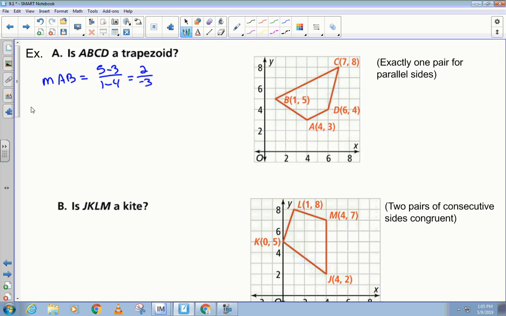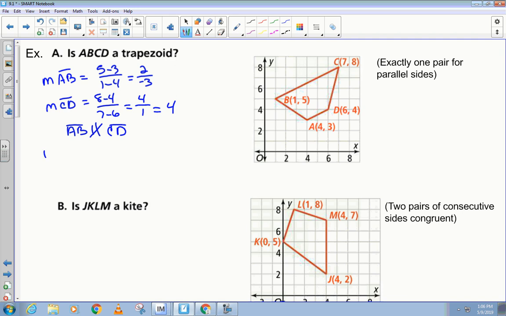And then we'll look at its opposite side, the slope of CD. That would be 8 minus 4 over 7 minus 6, which is 4 over 1, which is 4. So those are not parallel. That's good, right? So AB is not parallel to CD.